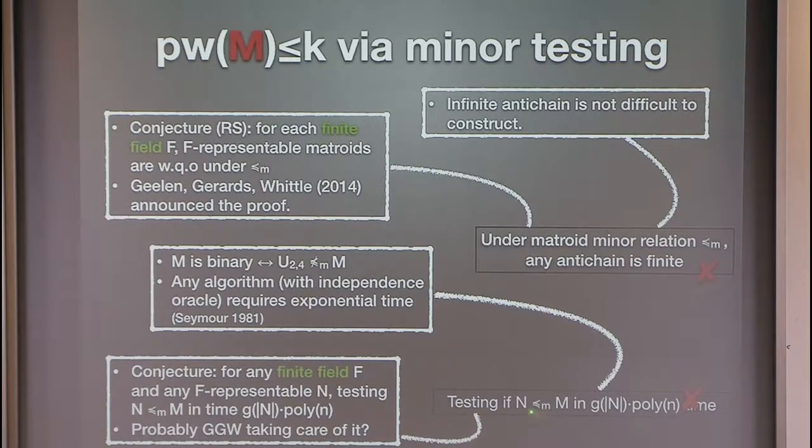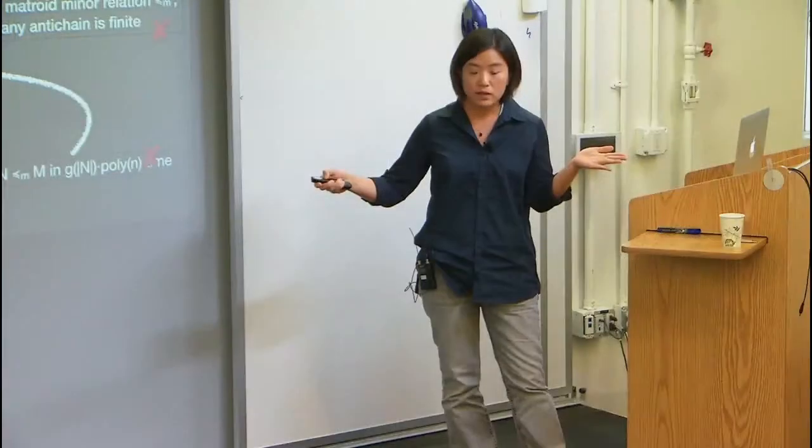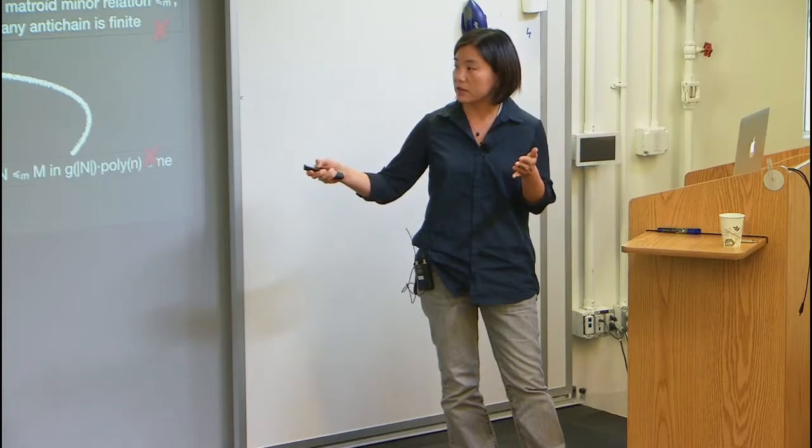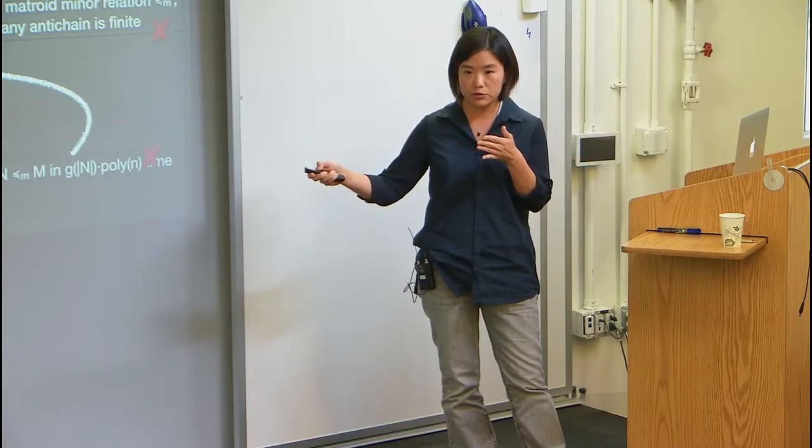And also there is little hope of having an FPT algorithm for testing matroid minors in general, because of the following example. A matroid is binary if and only if it doesn't contain a specific matroid called U24 as a minor.